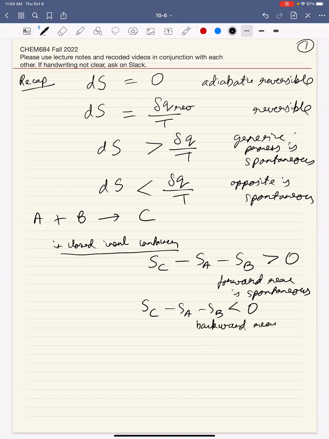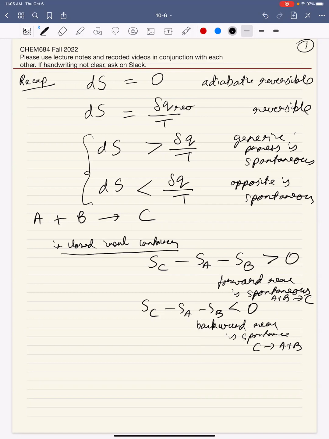Backward reaction is spontaneous. What do I mean by that? I mean that you will see that C is changing to A plus B, while in the first case, A plus B is changing to C. Now, if the container was not insulated and you were giving some heat to it, then you would be able to use these two equations to calculate which way the reaction will proceed, right?